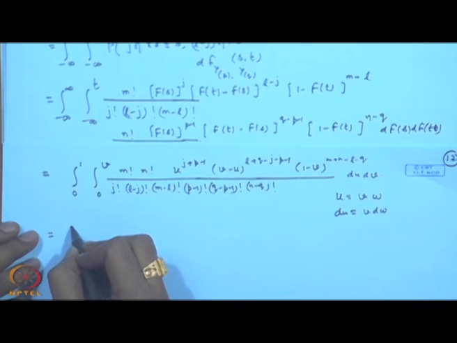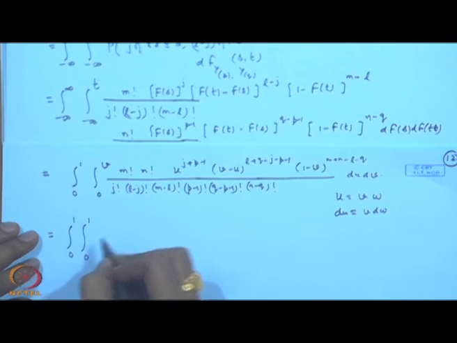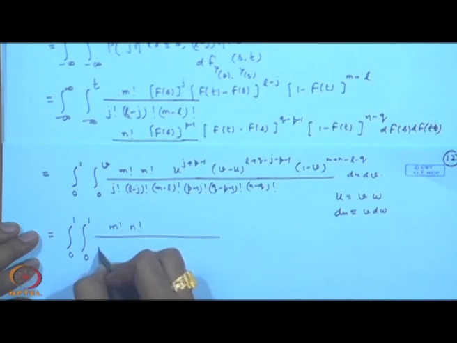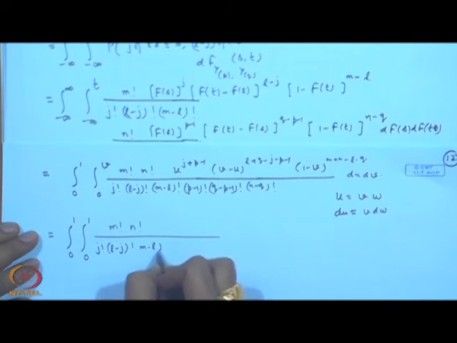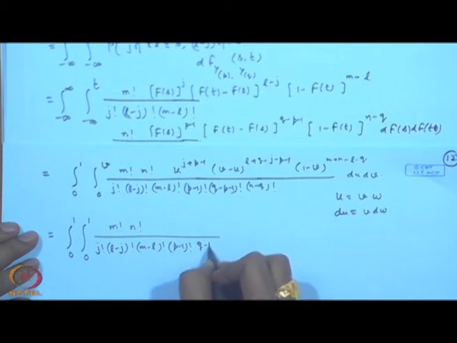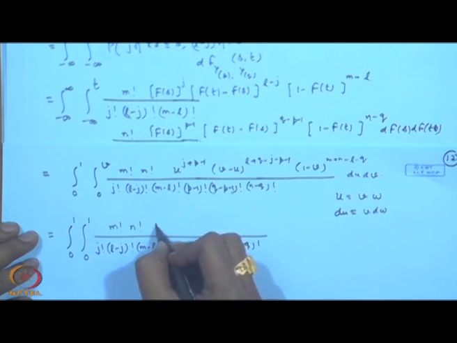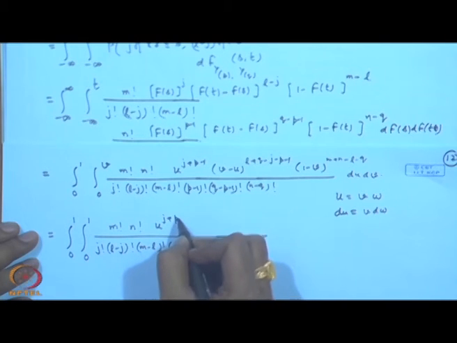So, basically what is happening is that both are becoming beta integrals from 0 to 1, with m factorial n factorial, j factorial, l minus j factorial, m minus l factorial, p minus 1 factorial, q minus p minus 1 factorial, n minus q factorial.